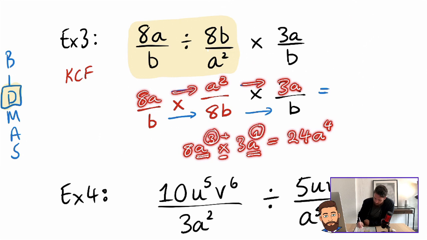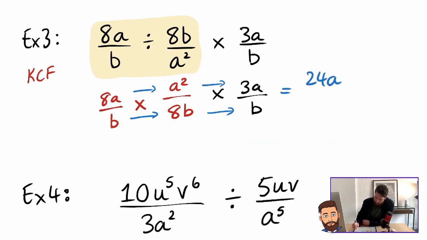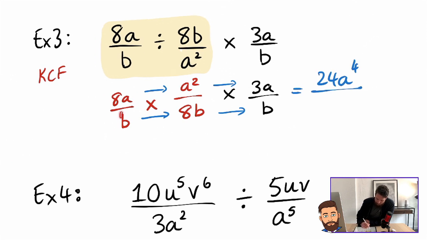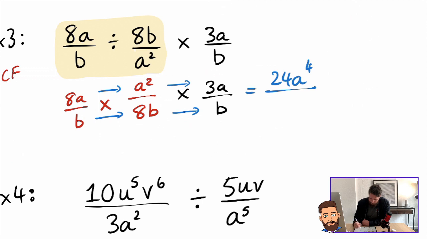So 3 add 1 is 4. But you should just know that a cubed times by a is a to the power 4. So on top, I'm going to get 24a to the power 4. On the bottom, I'm going to do b times by 8b, which is 8b squared, times by another b, which would be 8b cubed.